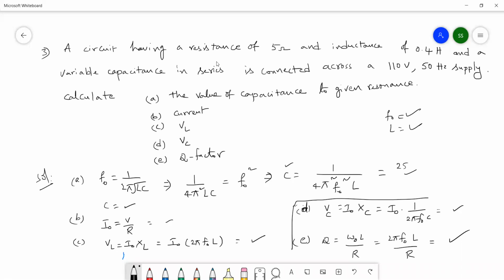It should be around 25.3 into 10 power minus 6. So that we can simply write as 25.3 microfarads. That is the value of your capacitance, value of C.